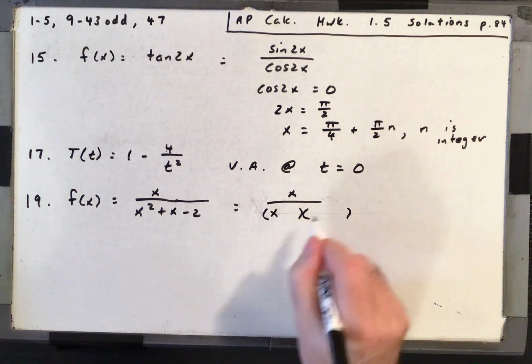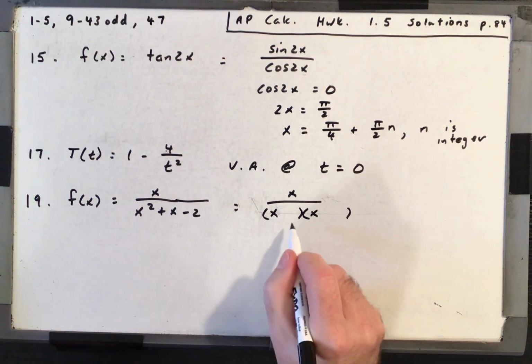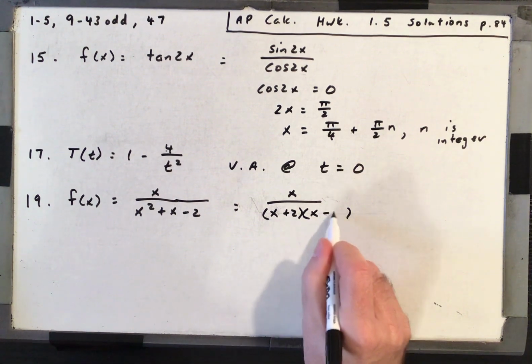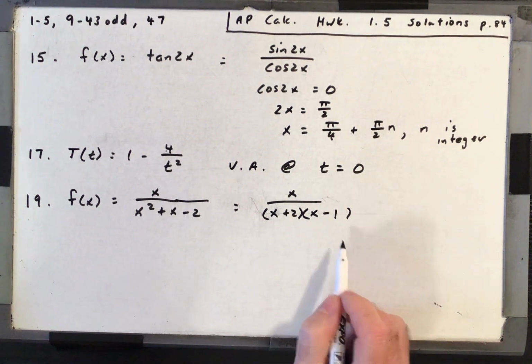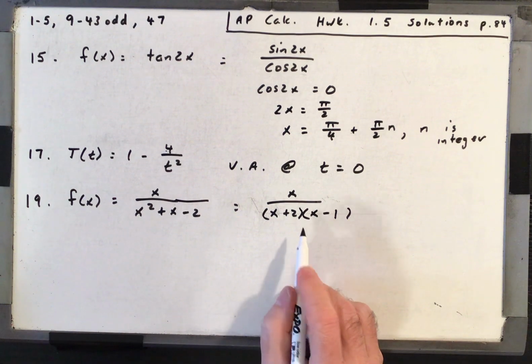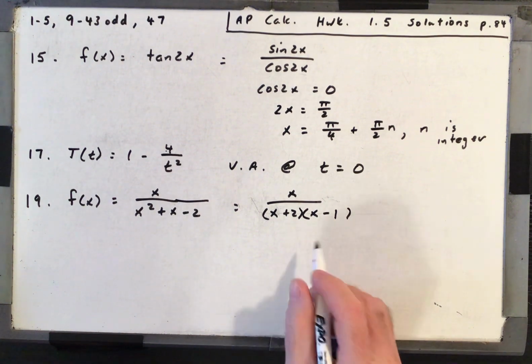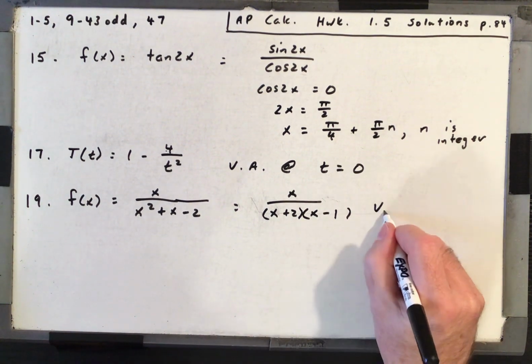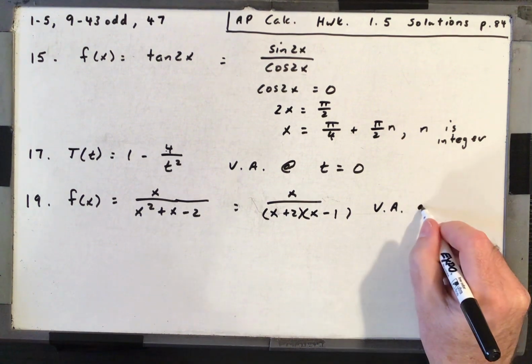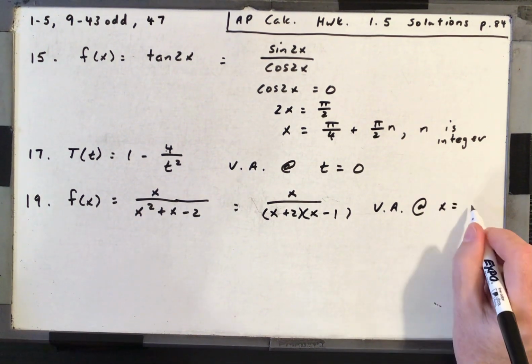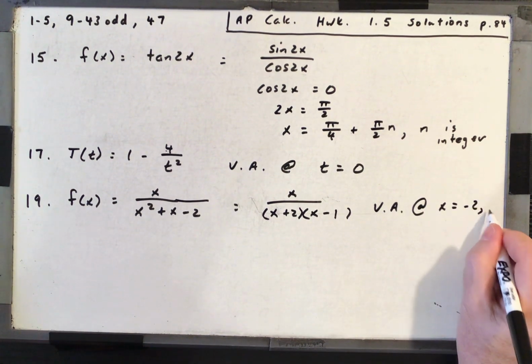So we'd have x, and plus 2 minus 1. Nothing cancels from the numerator. So we have a vertical asymptote at x equals -2 and 1.